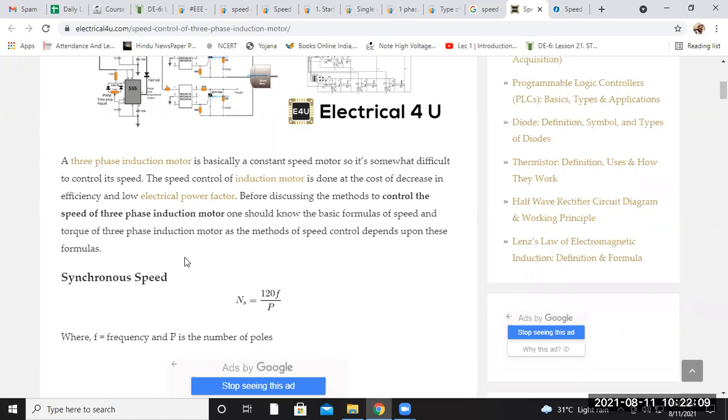But if the rotating magnetic field and rotor are moving in the opposite direction, then the relative speed will be ns plus nr. Because of that condition, this machine is named asynchronous.